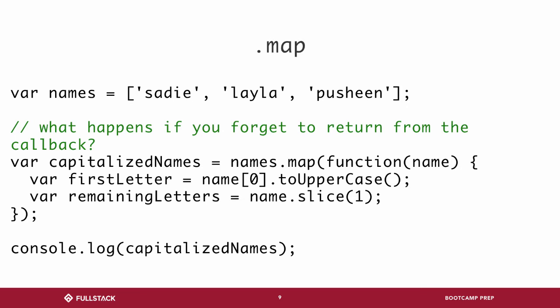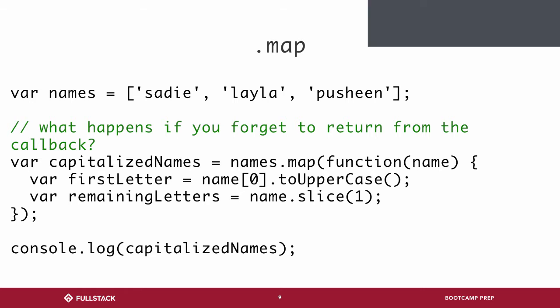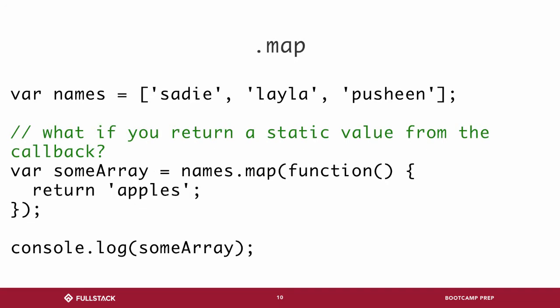If we forget to return from the callback, in this instance we are changing the letters, but then we're not returning anything, that's going to be bad because then we'll get an array of undefined. And we probably don't want that. If we return a static value, like we don't really care what we're iterating through, and every time we just return apples, what do you think we're going to get?